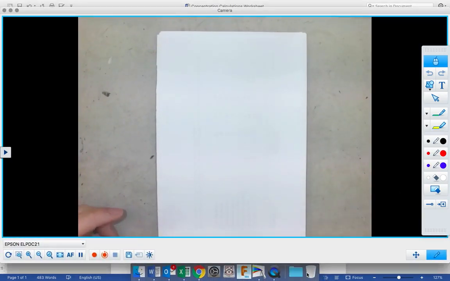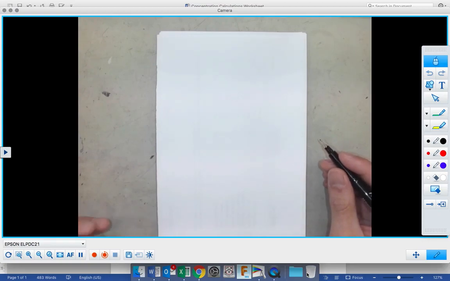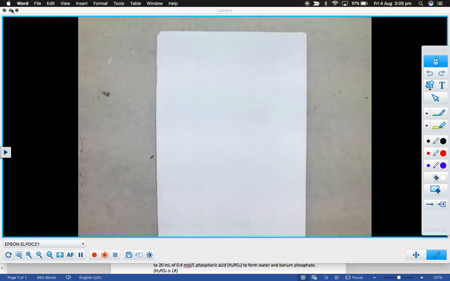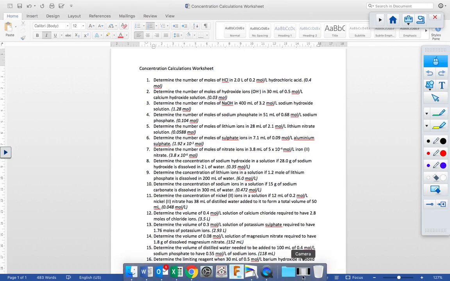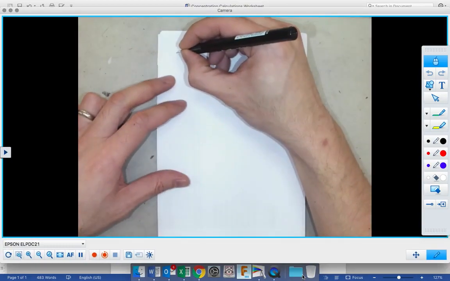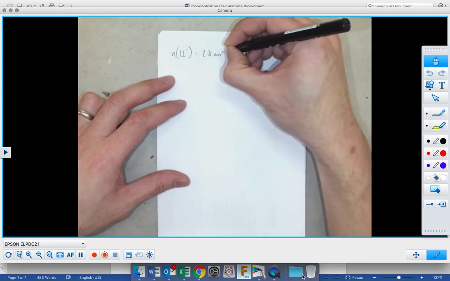So, first of all, you need to recognize, how much calcium chloride do I actually need to get the right number of chloride ions? Okay, so I need to get 2.8 moles of chloride ions. The number of moles of chloride ions is equal to 2.8 moles.